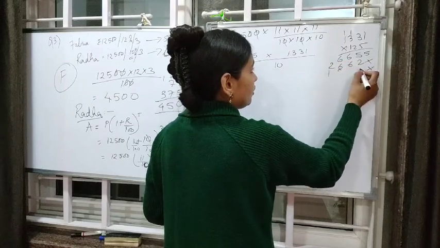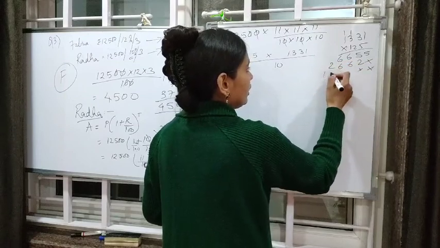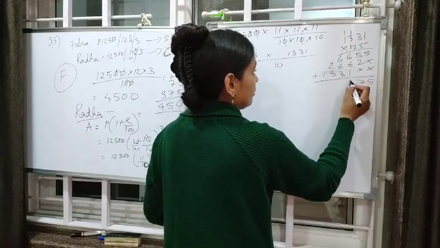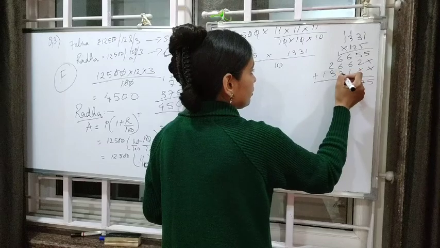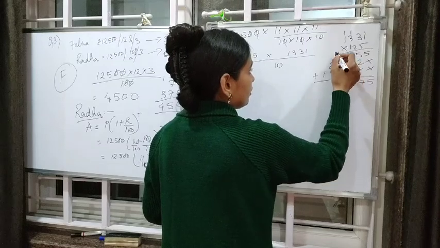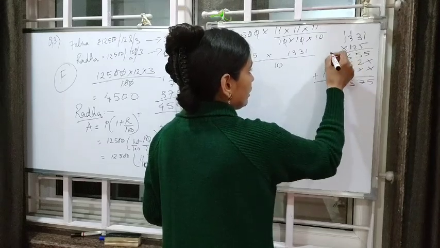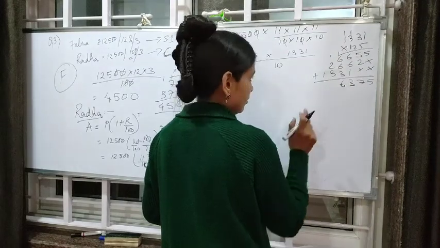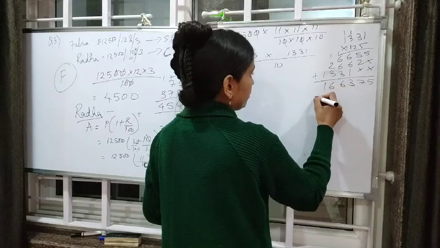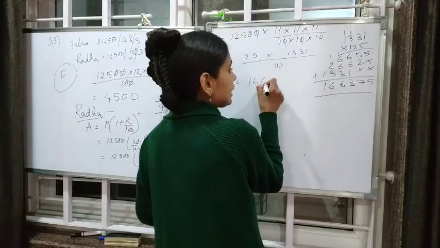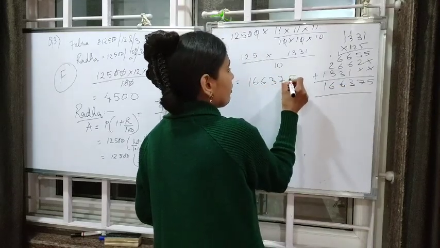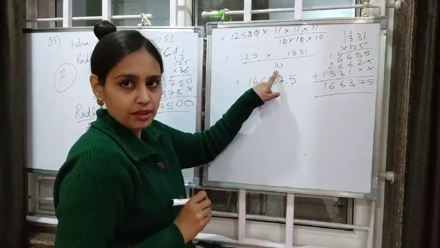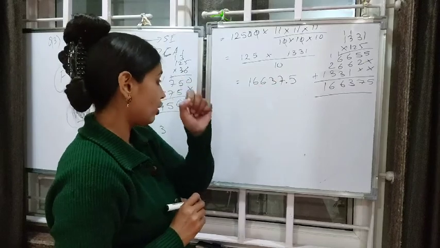And 1, 3, 3, 1. 5, 7, 13, 16. So this is 1, 6, 6, 3, 7, 5 and we put a decimal because we have 10 in the denominator.